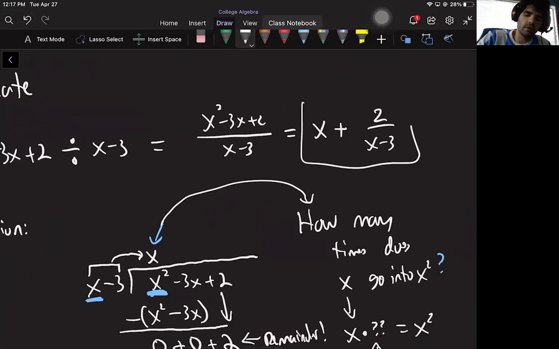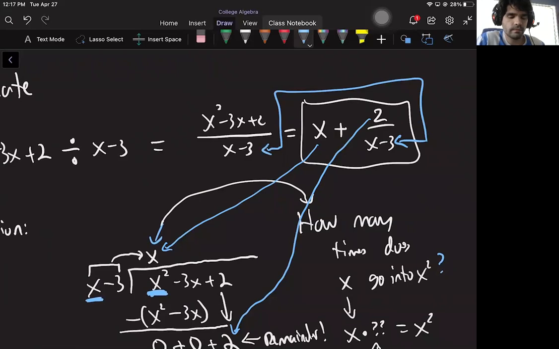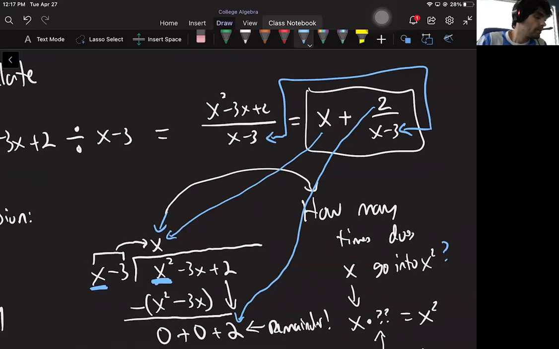So this is what we are looking for. The x is coming from here, and the remainder 2 is there, and then it's the same thing you're dividing by. It's coming from there. Okay, so we'll do a couple more examples.